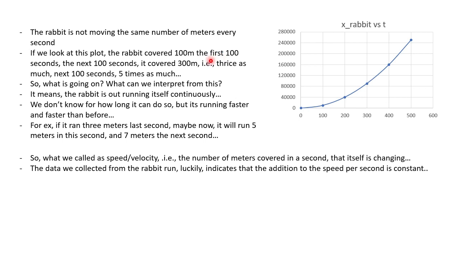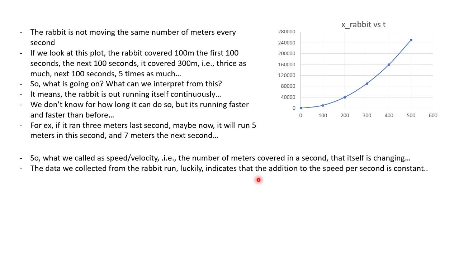Because we were observing this, the first 100 seconds it was 100 meters, the second 100 seconds it covered 300 meters, and so forth, and 500 and 700. So every 100-second interval it's gaining 200 meters more. That is not changing.